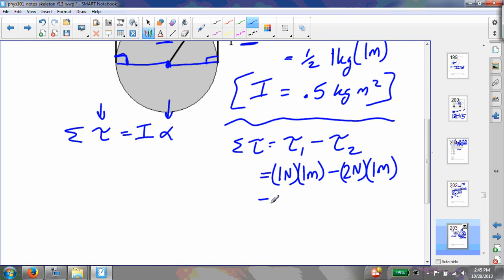This gives me a net torque of 1 minus 2, which is negative 1 Newton meter. Negative 1 meaning that it is in the clockwise direction.